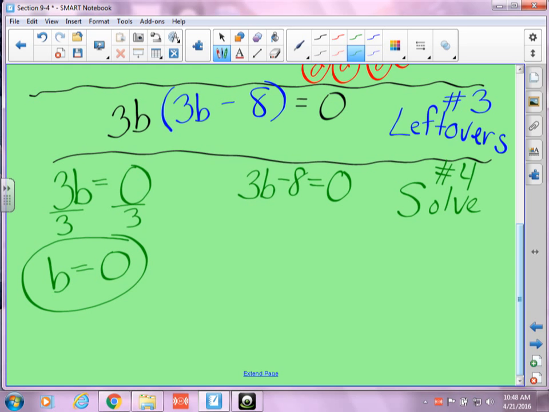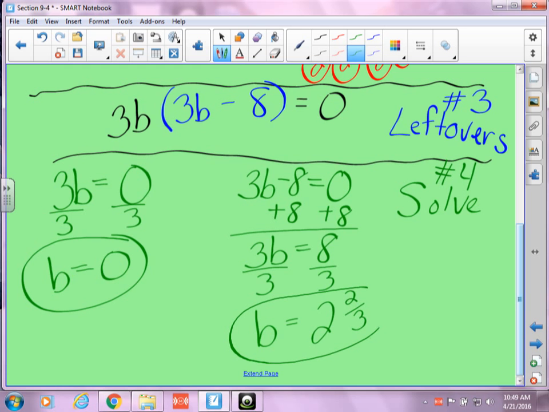Okay, the next problem, I'm going to add 8. So 3b equals 8. And then I divide by 3. B gives me 2 2/3.